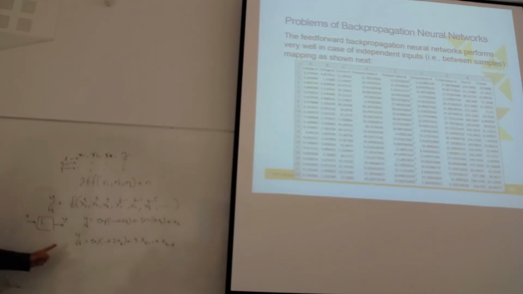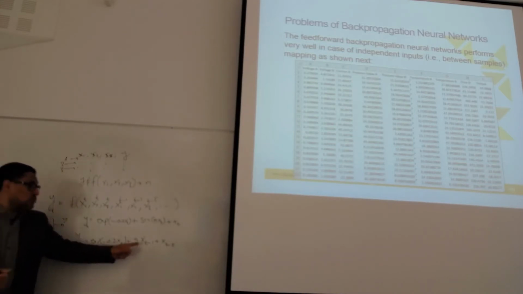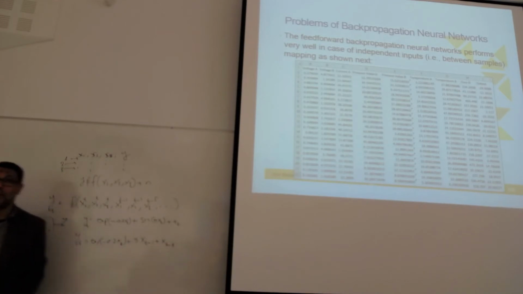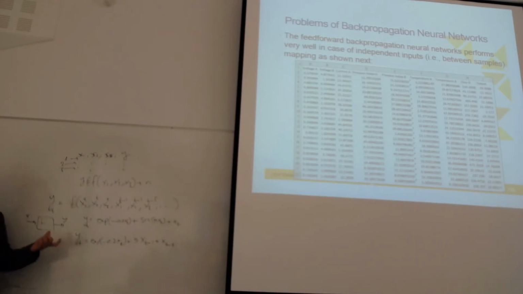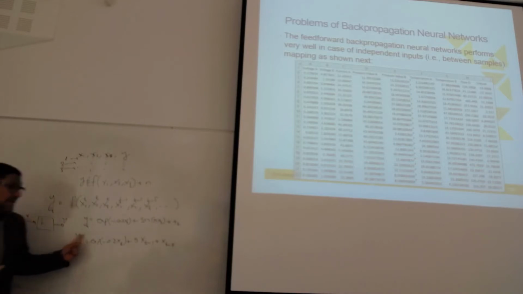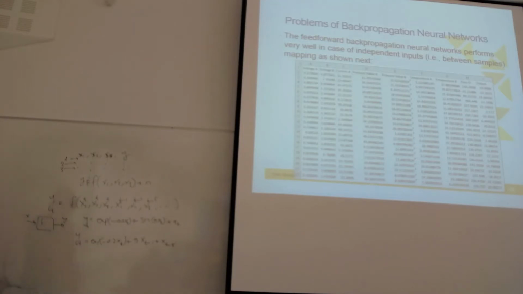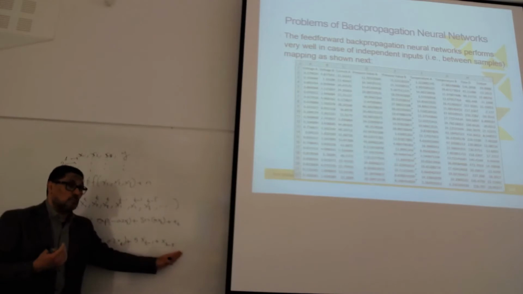So in that case, the output depends on the current input, but also on the previous inputs. Okay? If you try to use the normal regression method that we did, or the feed-forward neural networks, the modeling error will be high. The modeling error will be high because you didn't look at the previous. It depends also on the previous.